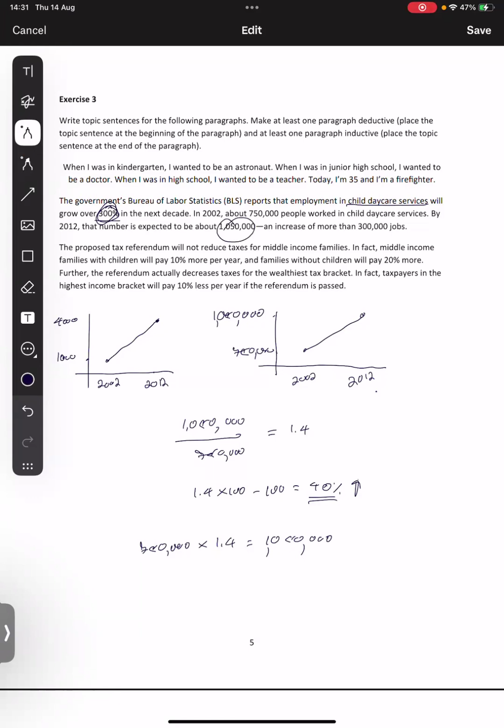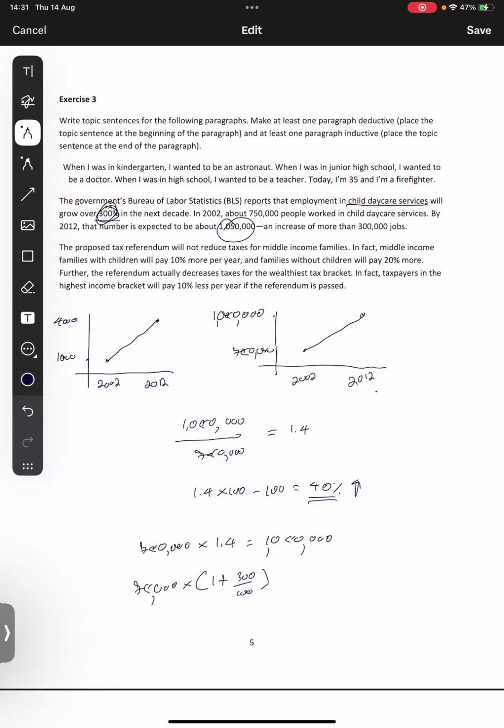Okay. The final value would be, let's see. Okay, if we have 750,000, right? So the final value would be multiplied by 1 minus 300 over 100. No, actually plus. Okay.